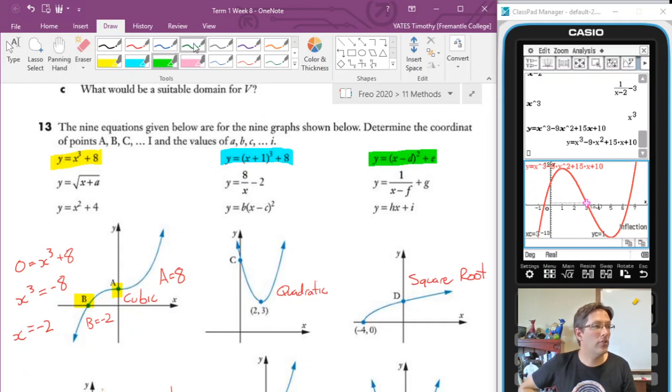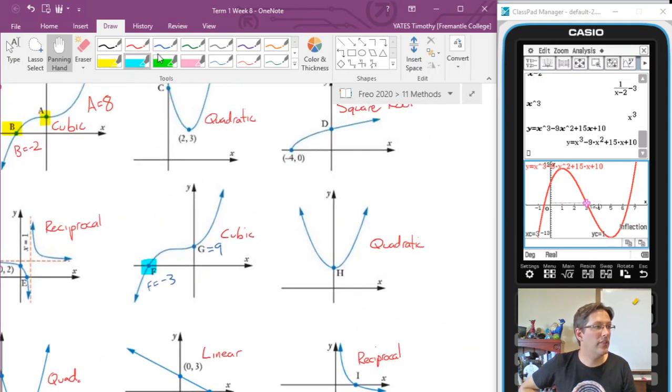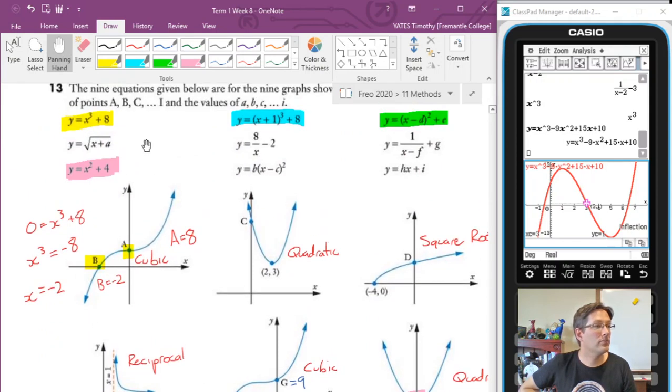In fact, I'm going to go straight for one of the other quadratics. X squared plus 4. This one should be pretty easy to identify. It's going to be one that's just been vertically shifted. Here it is, x squared plus 4, and quite straightforwardly, h is equal to 4. Not hard at all, that one. So that one's taken care of.